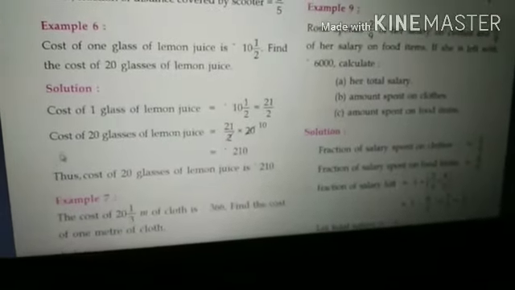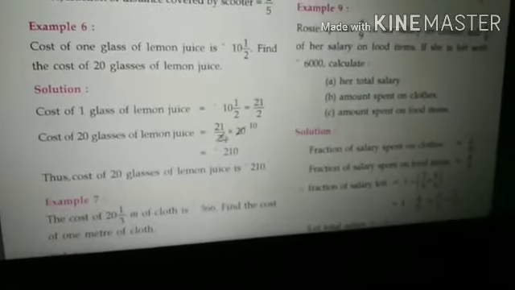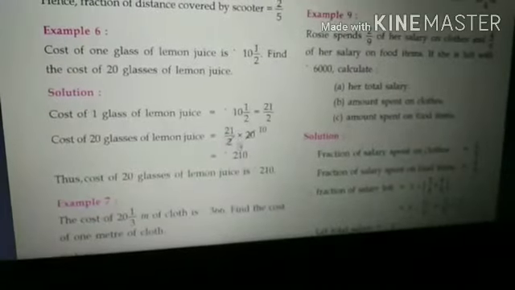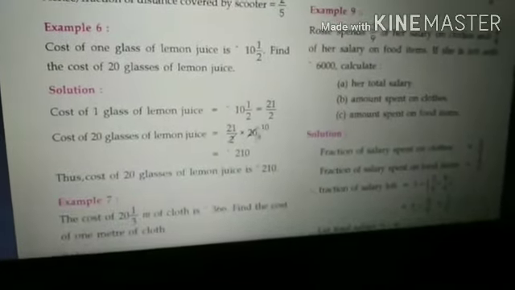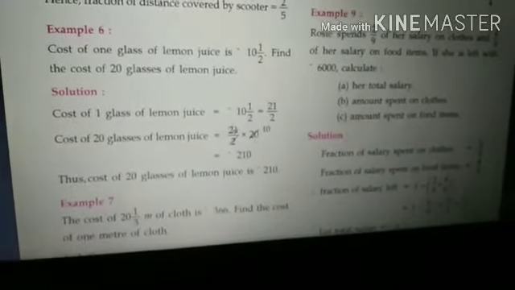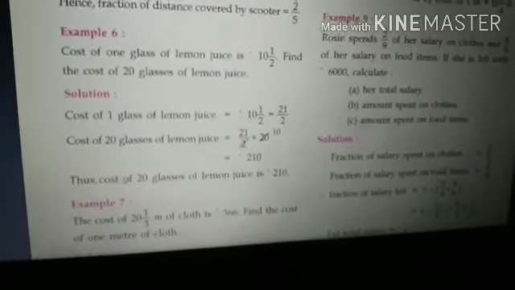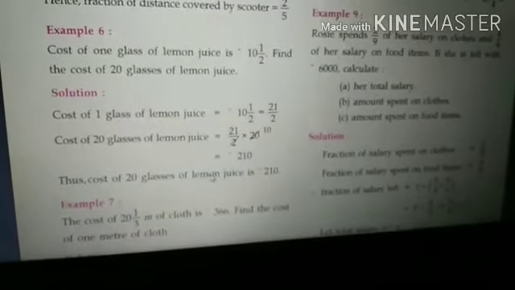Now the cost of 20 glasses of lemon juice is equal to 20 into 21/2. So 2 we will cancel: 2 ones are 2 and 2 tens are 20, so 21 into 10 is equal to 210. Thus the cost of 20 glasses of lemon juice is 210.